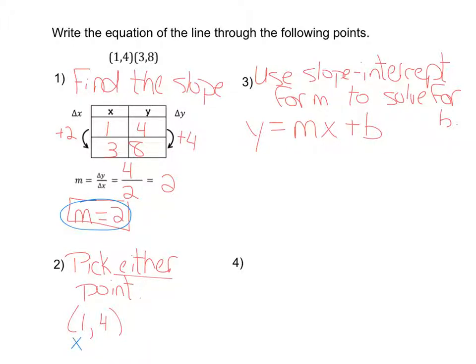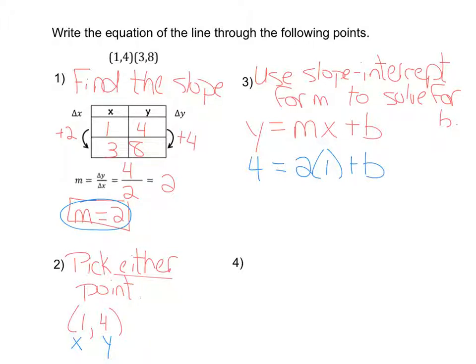This 1 is an x-coordinate, and this 4 is a y-coordinate. So we're going to substitute those things into slope-intercept form. So instead of y, we're going to put our y-coordinate. Our y-coordinate is 4. We're going to say 4 equals m, which is 2, times our x-coordinate, which is 1, and then we don't know b.